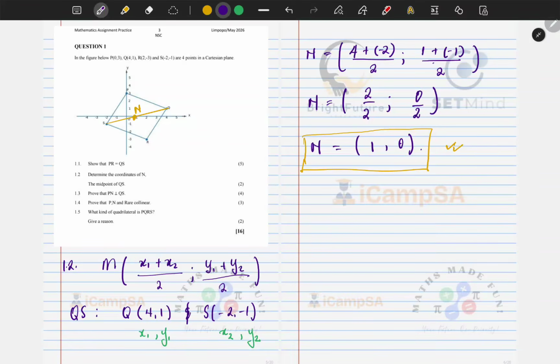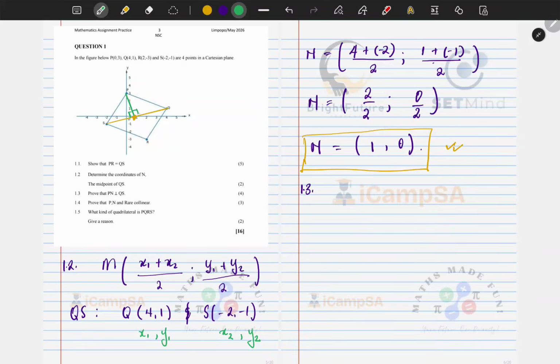Now we are being told to prove, so let's look at 1.3. We are being told to prove that PN, which is going to be this line, is perpendicular to QS.